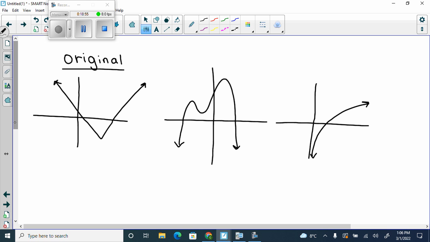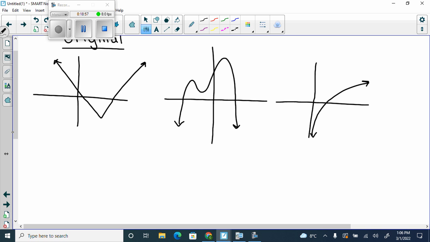I want to know if the original is a function, and then without drawing the inverse, I want to know if the inverse would be a function. I don't want you sketching the inverse. You could, but I don't want you to. I just want you to know quickly if it's an inverse or not.